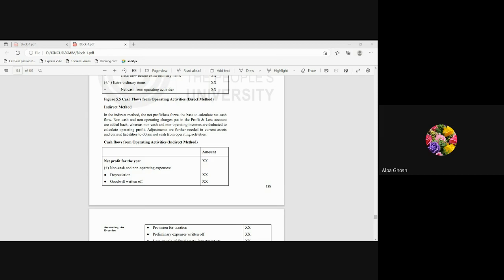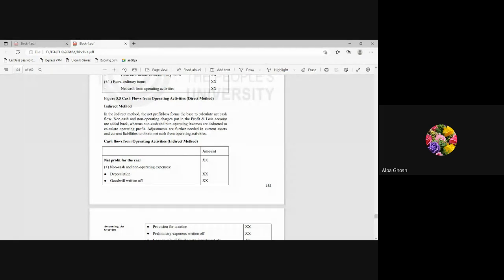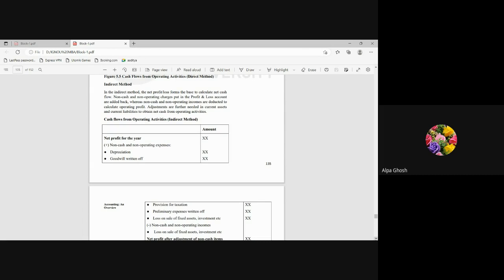So in order to identify cash flow from each activity, we need to find out the first one, cash flow from your operating activity. The second and third one, that is cash flow from investment and cash flow from financing, is very easy. We need to only work on cash flow from operating activities. We are talking here about cash flow statement. So this is to be kept in mind that we are going to take the transactions which are related to cash only.